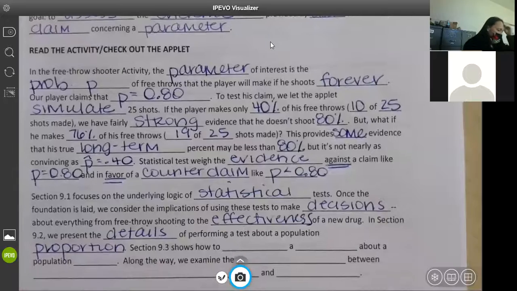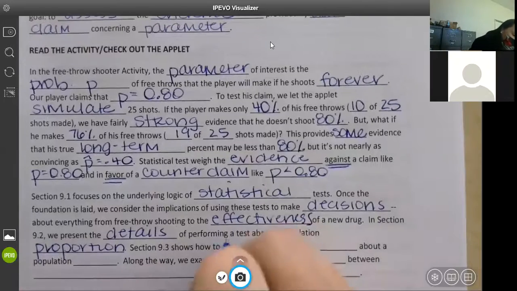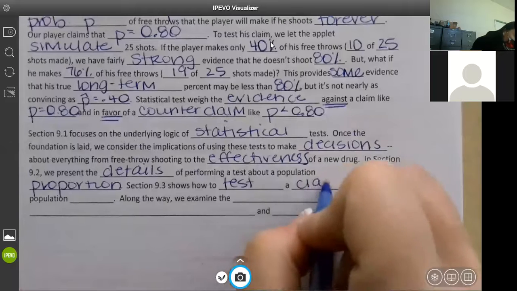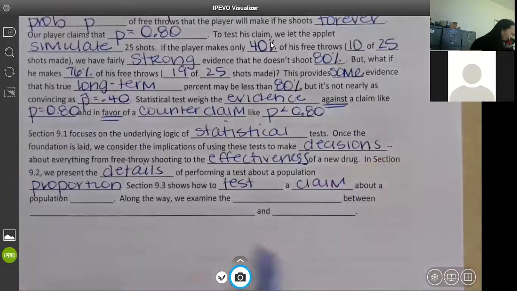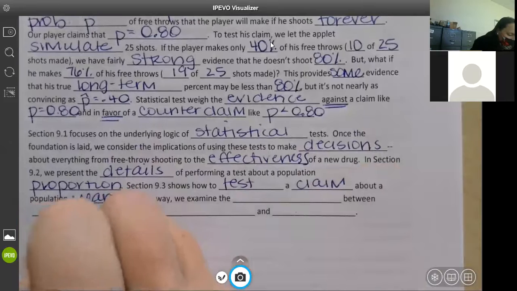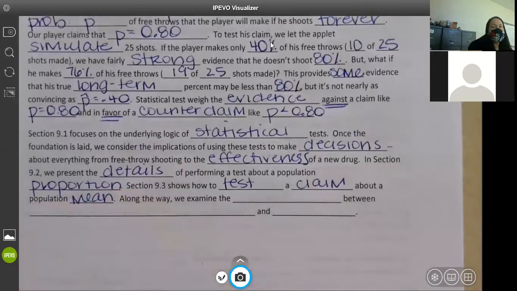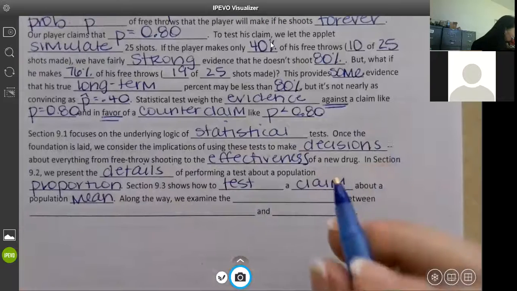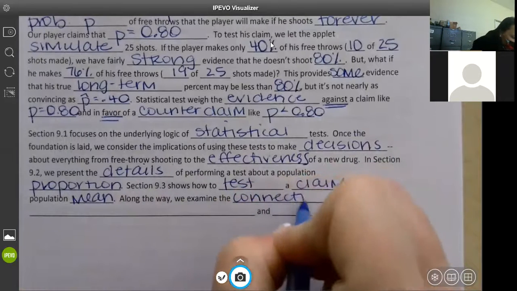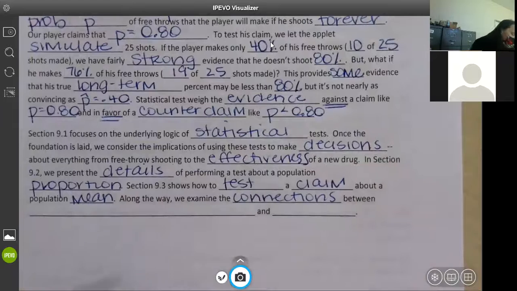And section 9.3 shows how to test a claim about a population mean. So proportions in 9.2 and means in 9.3. Along the way, we'll examine connections between confidence intervals and tests.